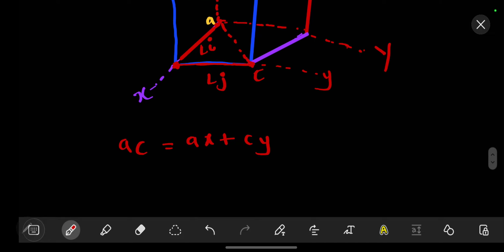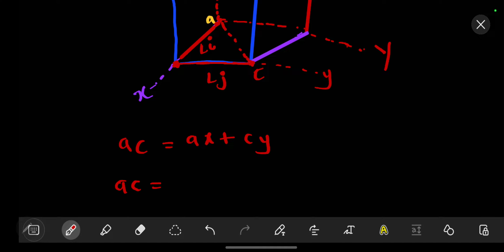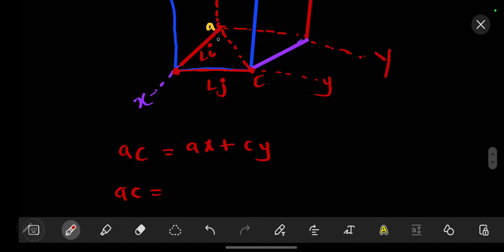Therefore, in order for you to answer your AC, so your AC should be equal to, what is our AX? So our AX is equal to LI, then we have plus our CY. Our CY from here up to here, which is the Y component, it will be named as our LG.